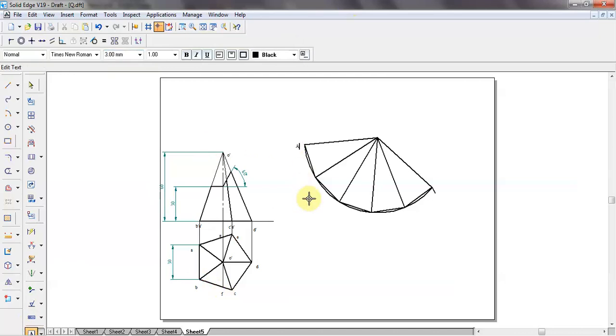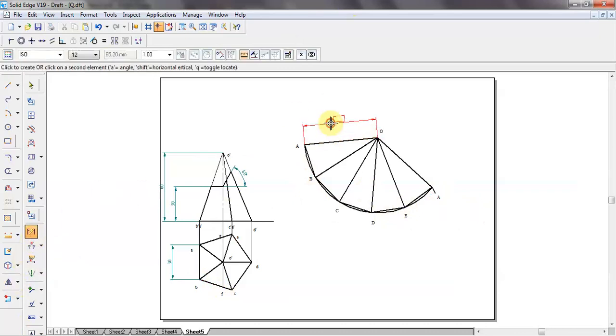So A, B, C, D, E and A. This is O. This is the slant edge length. This is a base length. In between B and C, I have to split again into F, and in between A and D into G.